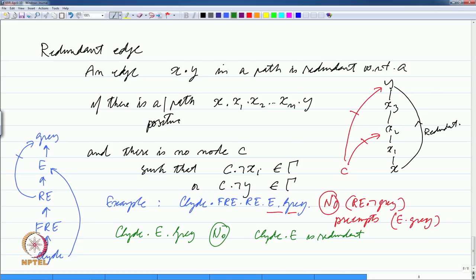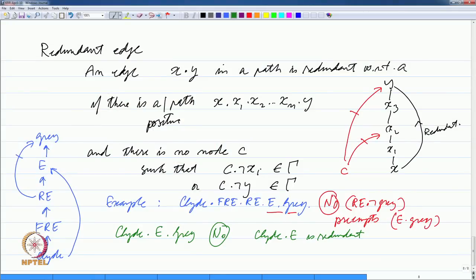Clyde.elephant is redundant because there is a path from Clyde to fat Royal elephant, from fat Royal elephant to Royal elephant, from Royal elephant to elephant, and there is no C that we talked about, which will upset this relationship in some sense. So, we cannot count this path which goes from Clyde to elephant to gray as an admissible path, because an admissible path cannot have a redundant edge.